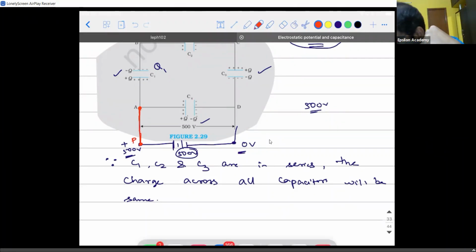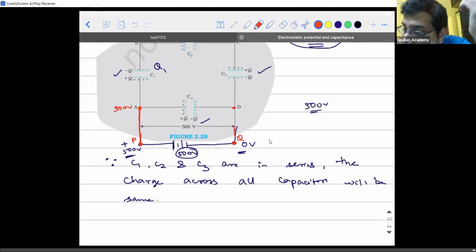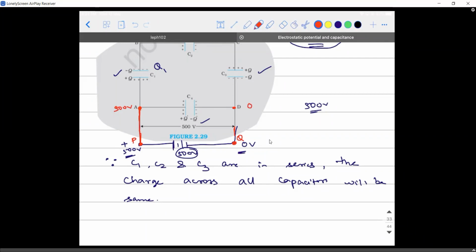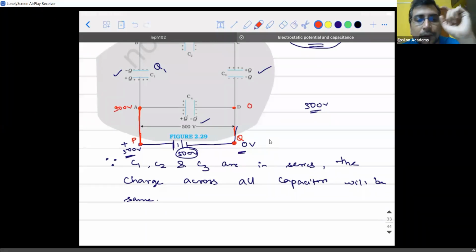If point P is at plus 500 volt, point A will also be at 500 volt. If point Q is at 0 volt, point D will also be at 0 volt. Then what is the potential drop across AD, guys? It is 500, right? We are able to understand.